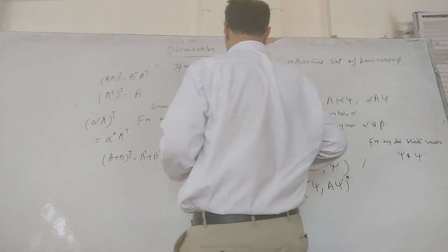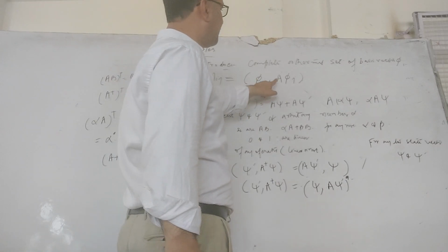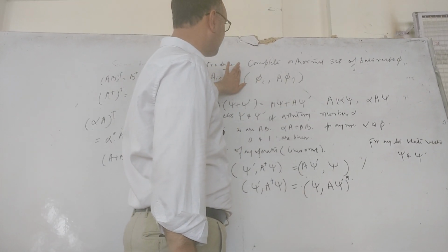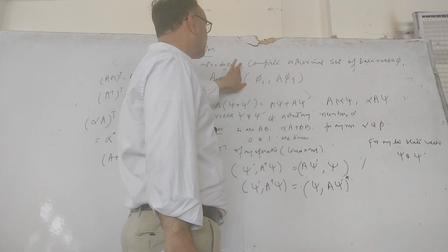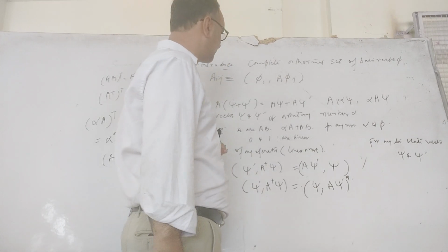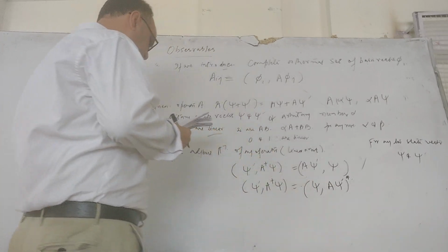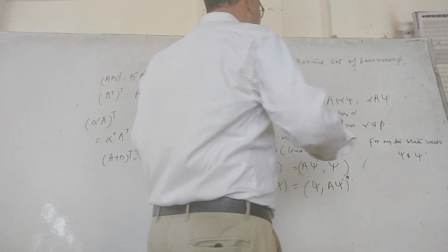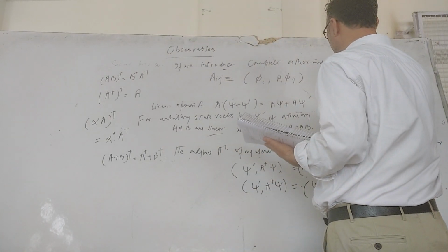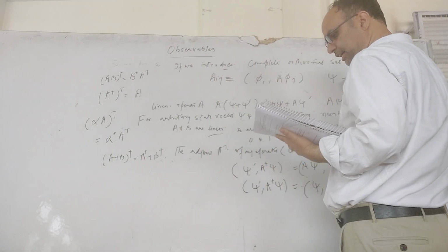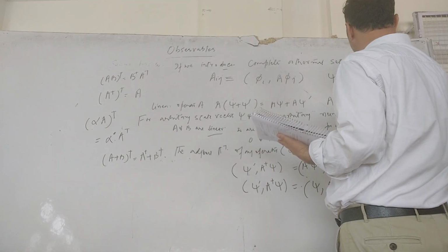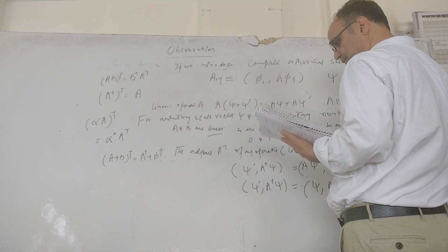So you can write the inner product of phi i with phi j, and the scalar can be taken outside, so that will be Aij. And if you remember, we have been seeing the wave function psi. If you want to write it in terms of components, psi can be written as the inner product of phi j and psi, times phi j.